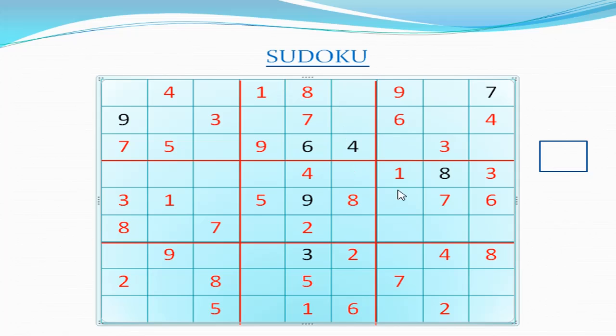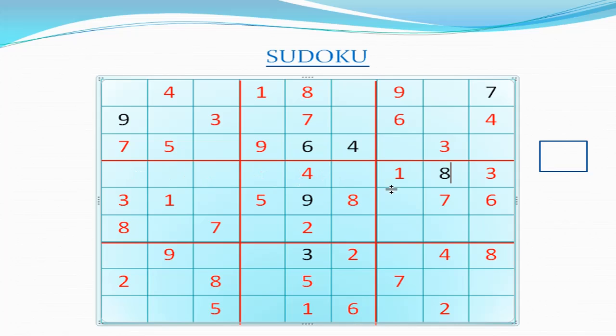Let's try one more. I can see 1 here. I can see 1 here, and this block doesn't have 1. I'll see if I can place 1 here. Okay, available tiles are 1, 2, 3, 4, right? For placing 1, I cannot place 1 here.